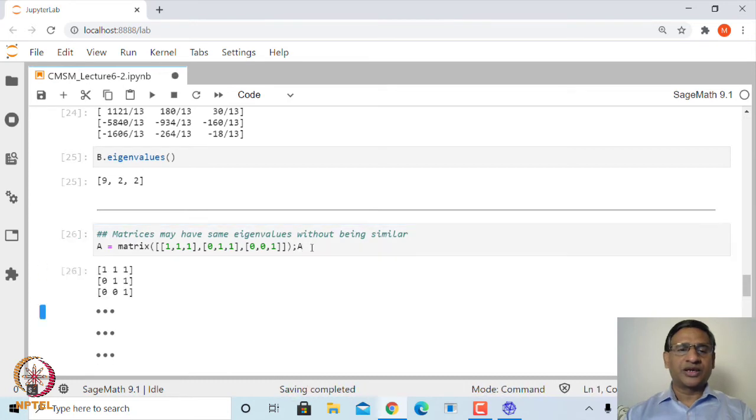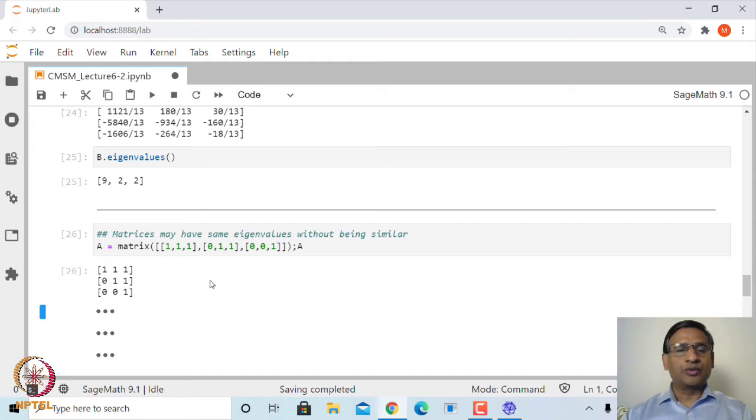This is an upper triangular matrix. For an upper triangular matrix, you can check that the eigenvalues are the diagonal elements. Similarly, eigenvalues of a diagonal matrix will be the diagonal entries. Similarly for a lower triangular matrix. So, this A has 3 eigenvalues 1, 1, 1, only one eigenvalue with algebraic multiplicity 3.